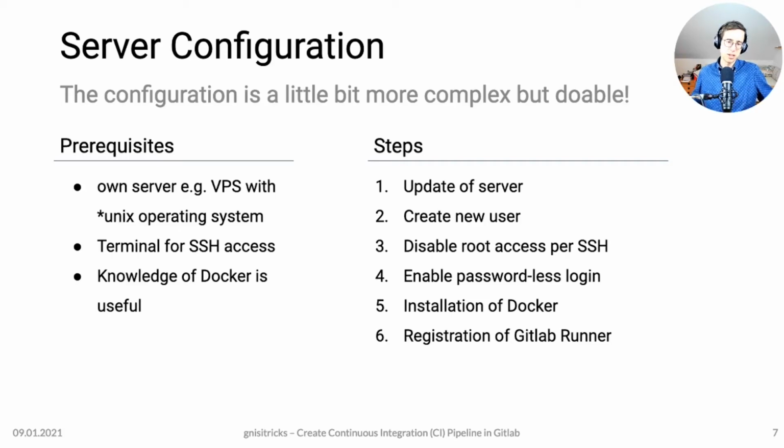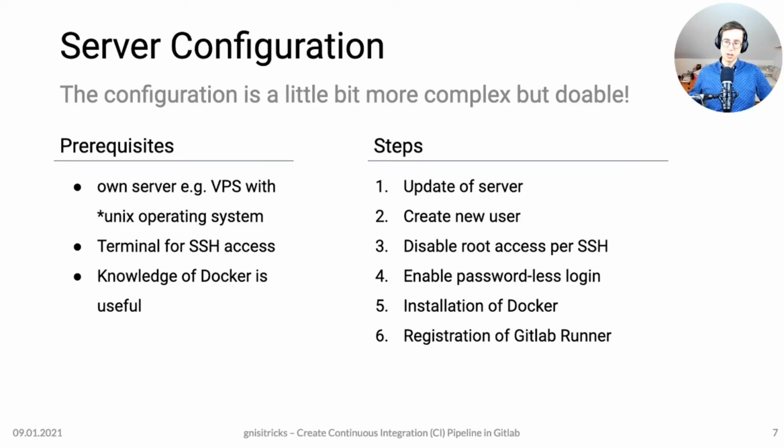An external server is quite affordable. It costs you maybe a few euros or dollars per month, and you can probably find different providers if you Google, for example, the term VPS. It should have some kind of Unix operating system, which is in general quite helpful. Most servers come out of the box with an Ubuntu system. You need some kind of terminal.